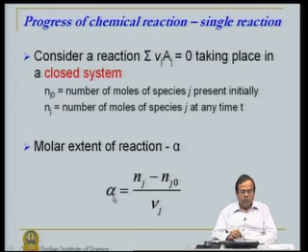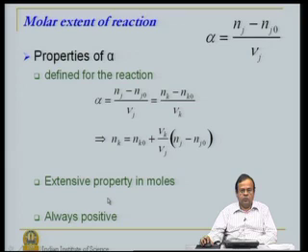Let us look at some of the interesting properties of this extent of reaction. Once again, this is the definition of my extent of reaction. I want you to focus on the fact that I am always saying molar extent of reaction. That is, I am talking about a reaction now, not a species.